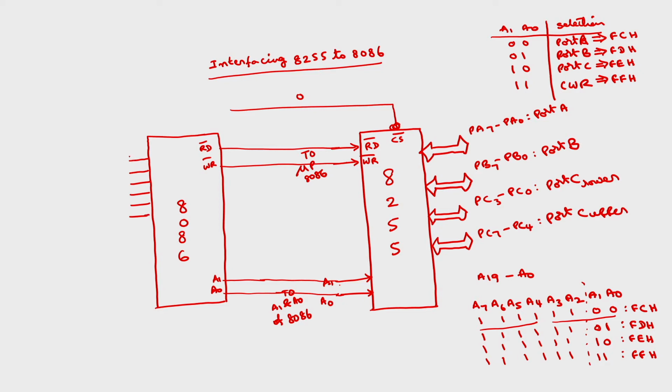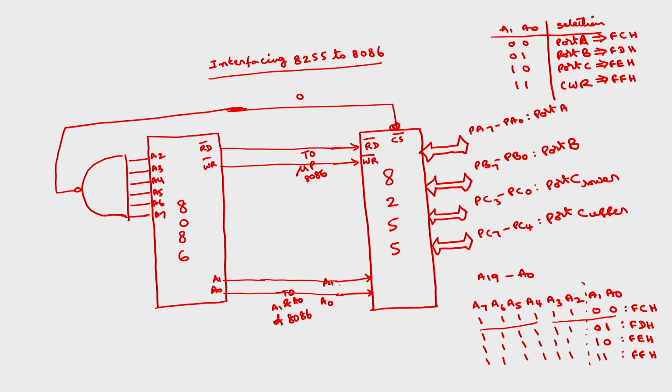It is a NAND gate. You connect the output of this NAND gate to the chip select. If all inputs are ones, then only the NAND output is 0. If any one of the inputs is 0, the output is 1.